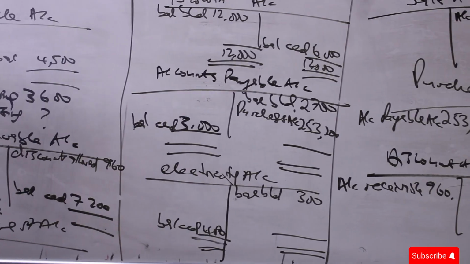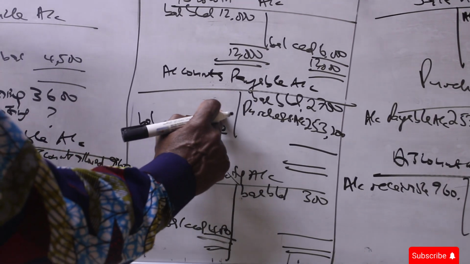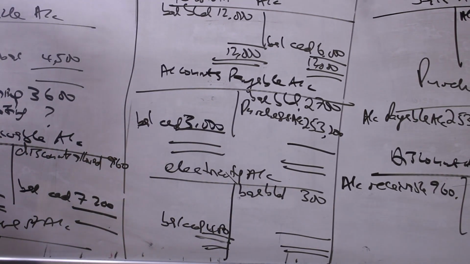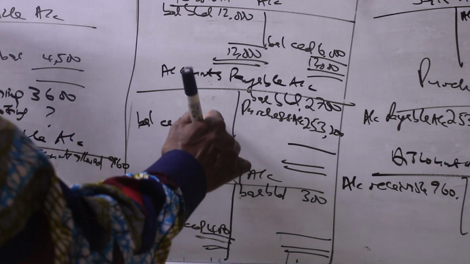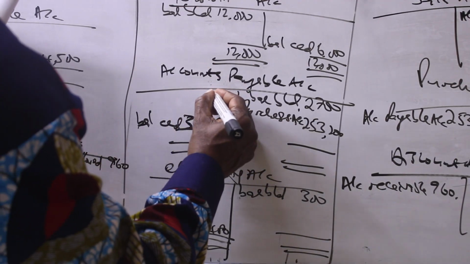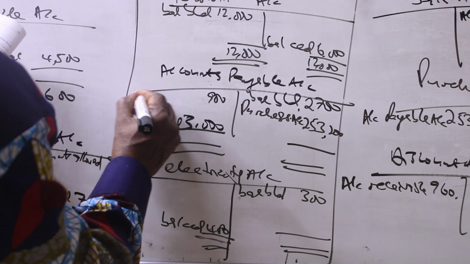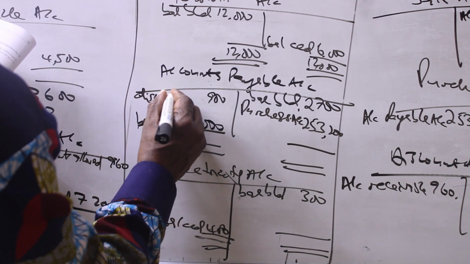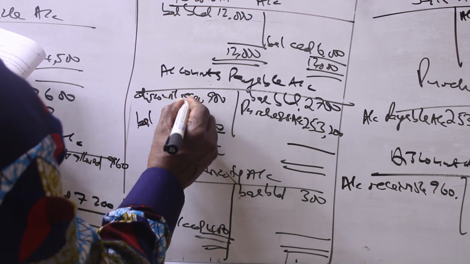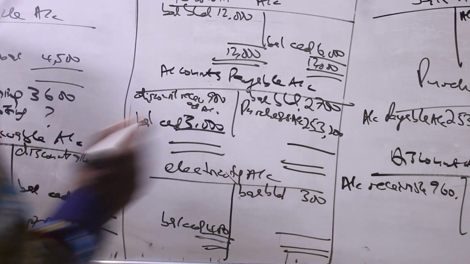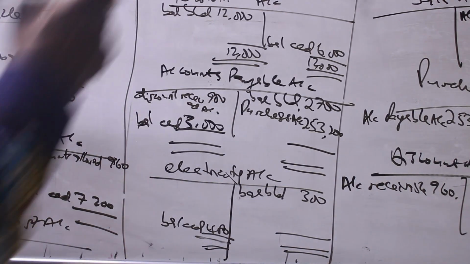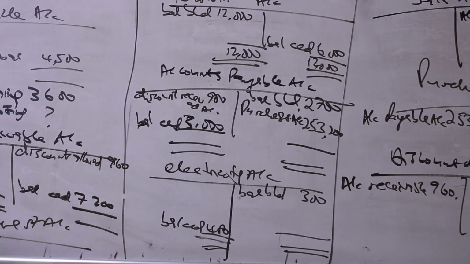Then you're told discount received is from creditors. The creditors are reducing their claim against us with 900,000. So we debit to reduce accounts payable with 900,000, and we credit discount received account. You create a discount received account.